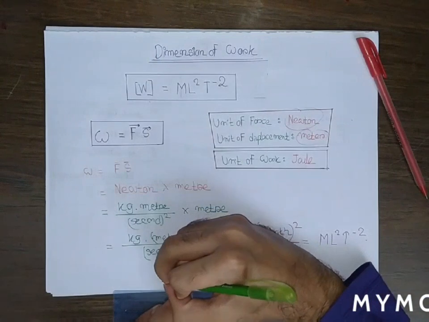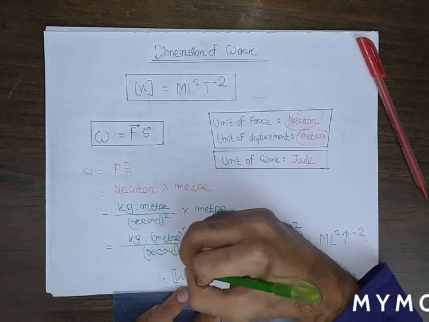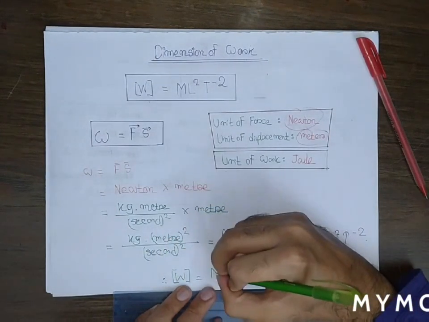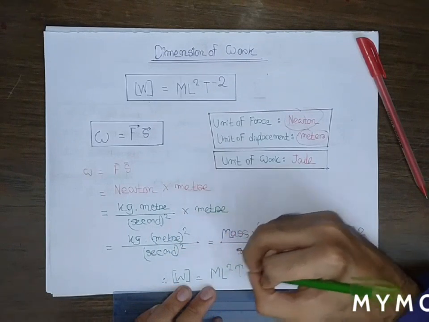So dimension of work equals to M L square T inverse 2.